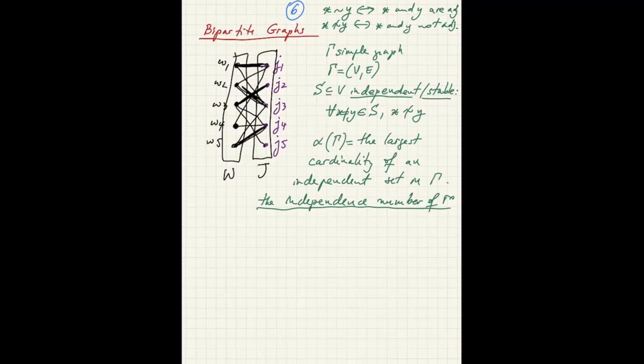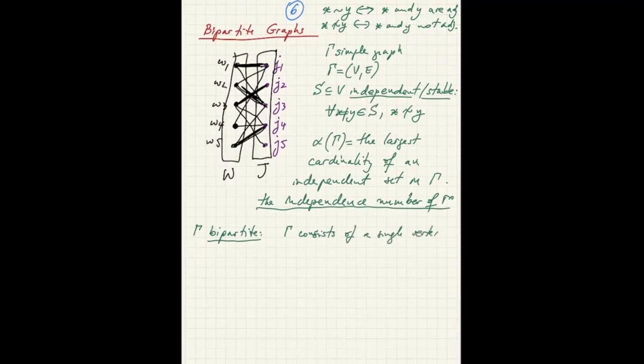Now, what is a bipartite graph? So the graph gamma is called bipartite if there is a partition of its vertex set into two independent sets.